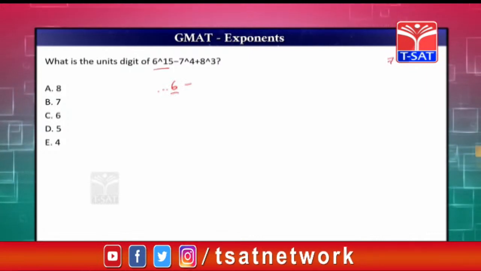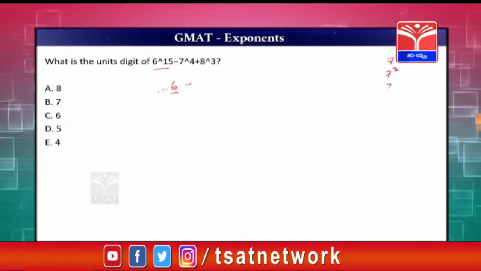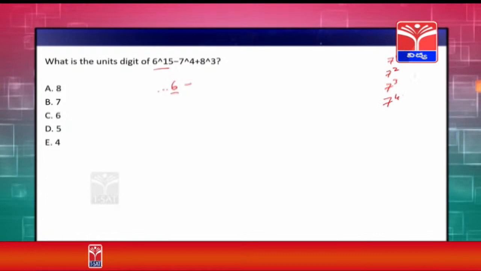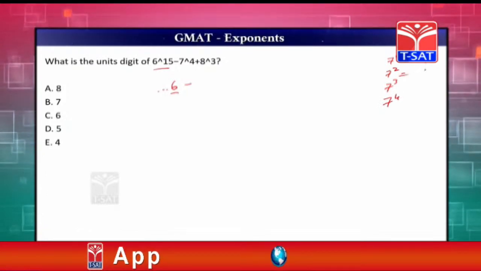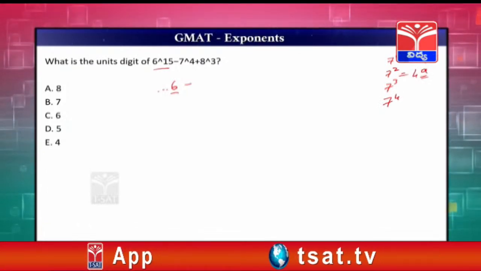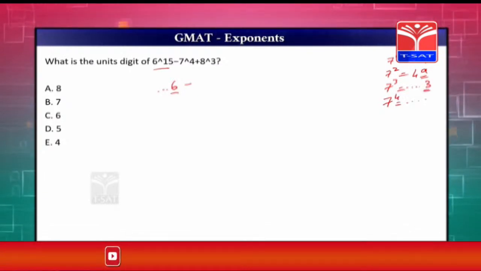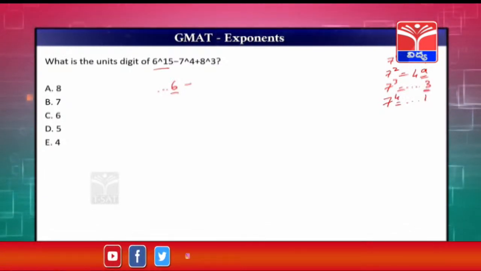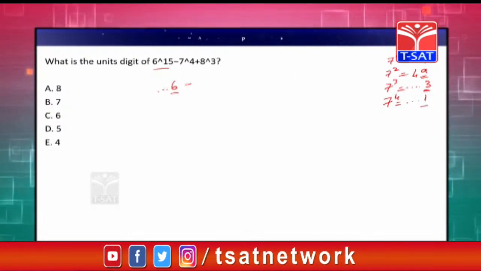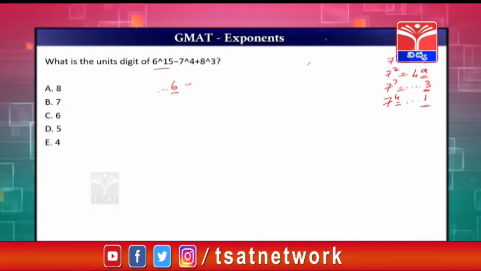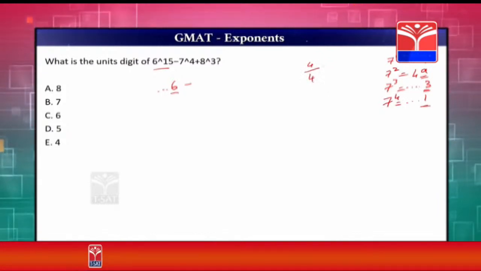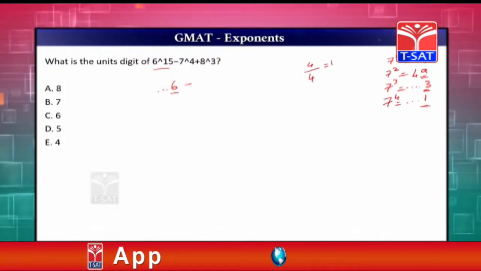When you are looking at the table, we might make the mistake that for 7 to the power of 4, you divide the power by its cyclicity, that is 4, and the remainder is 0.